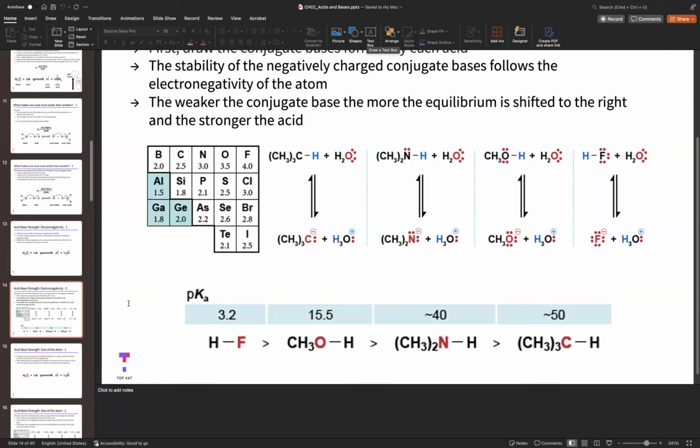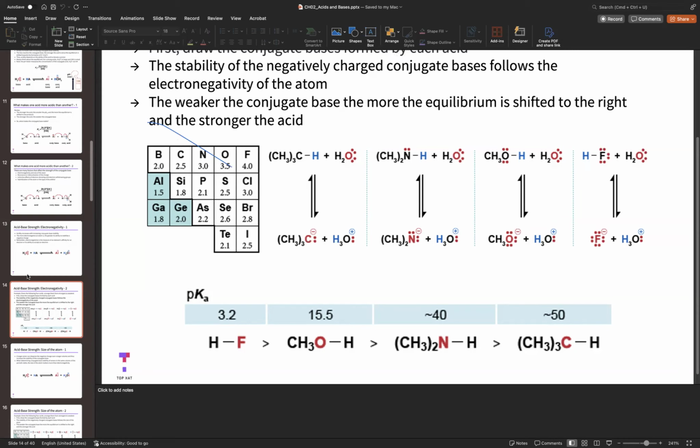That is correct. The more electronegative the atom, the more acidic. But I want to clarify one thing. When I talk about electronegativity, we are talking about left to right. Okay, going from left to right.